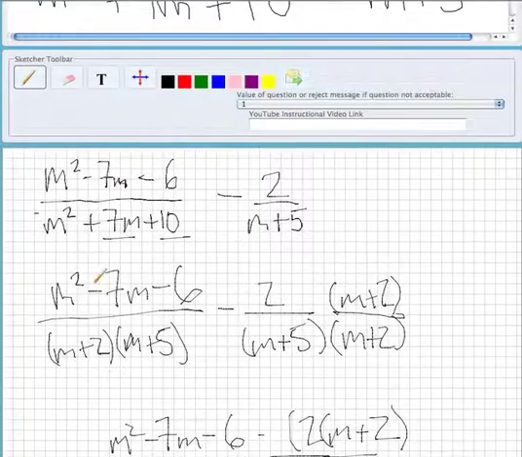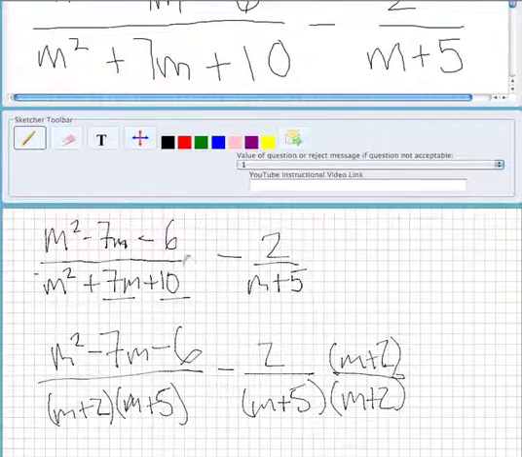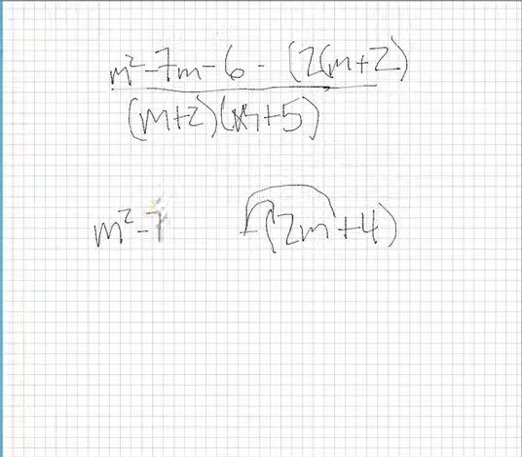And this still is the same. Minus 7m minus 6. So what we're subtracting now is 2m and 4.